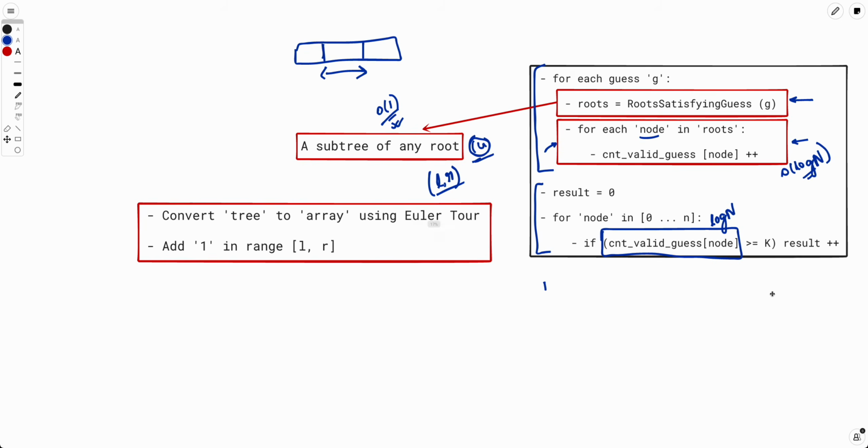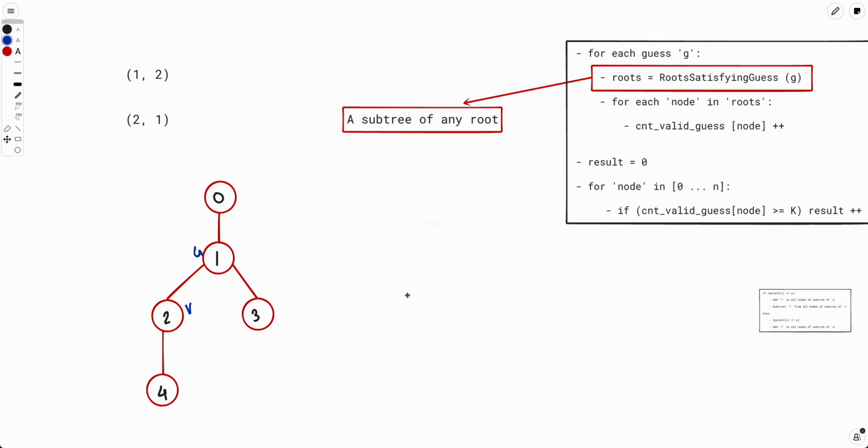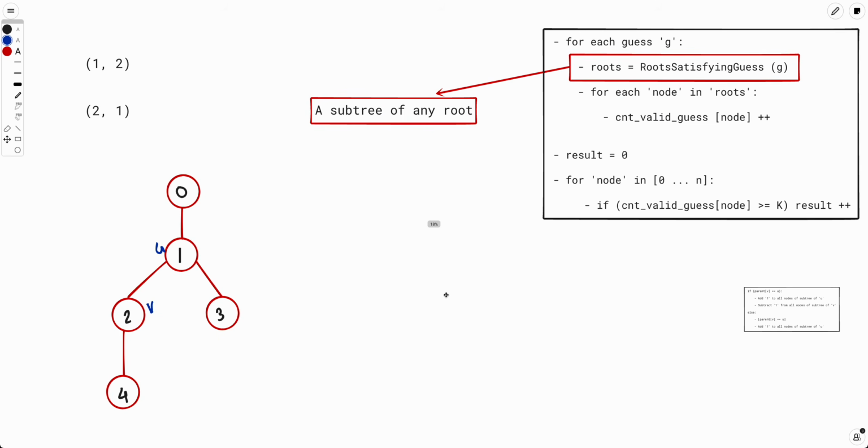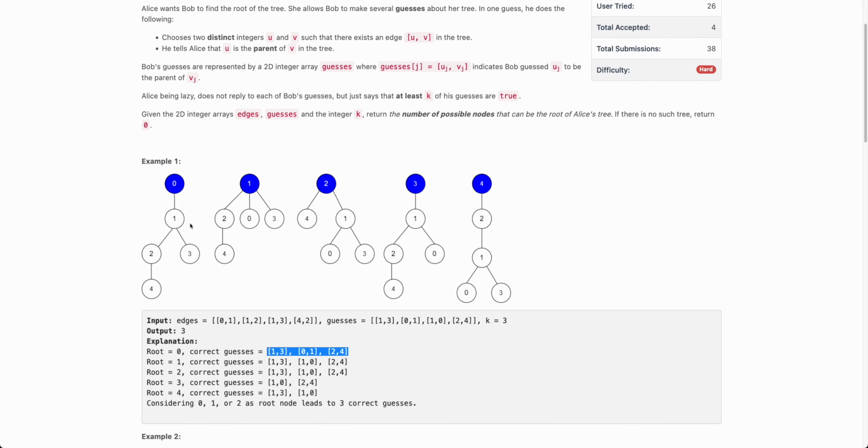So let's just take a final, complete example, and iterate over all these pieces together, and then we'll look at the code, right? So let's say this is our tree. This is exactly similar to the first problem statement that we had.